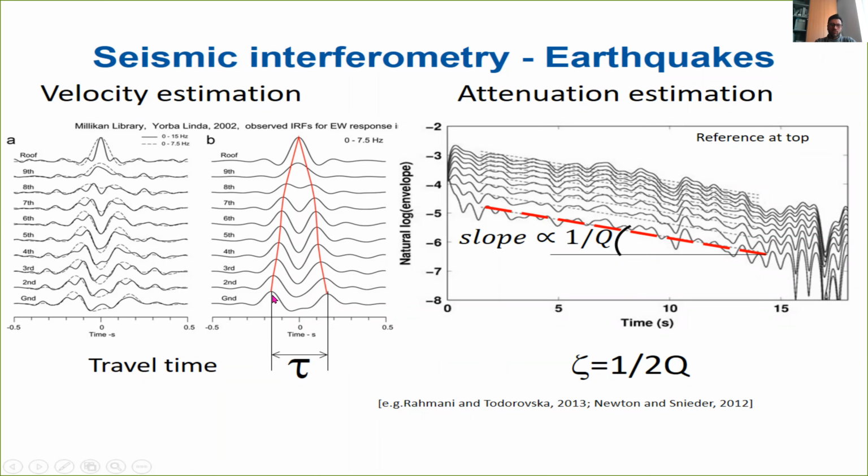But the main point is that using the upgoing and the downgoing wave and the travel time that it takes them to propagate, you can easily estimate the velocity in each different interval of height of a structure. So you can see if the velocity in the structure is changing due to the structure itself. Why do you want to do it?